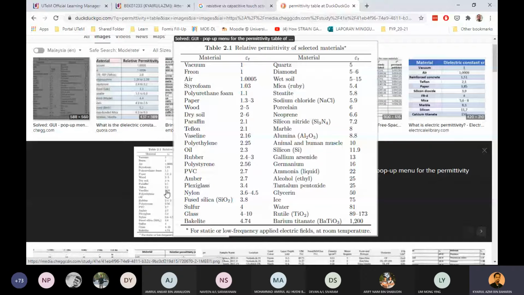You can see, for example, vacuum, the epsilon r is 1. And then air, udara, the relative permittivity is 1.0005. Usually we also take this as 1 because it's too small. As we go further down the table, we see that epsilon r increases. Kalau you pergi sampai yang paling bawah tu, barium titanate, you see that the relative permittivity can reach up to 1200. Okay, ni jarang kita jumpa lah.